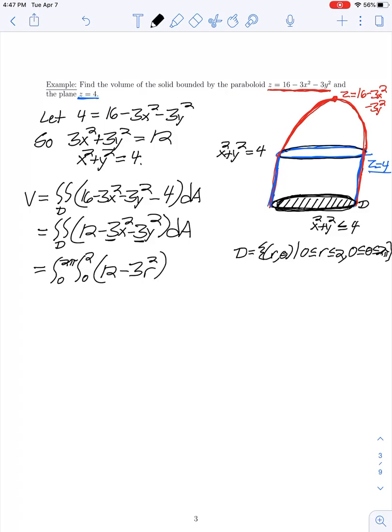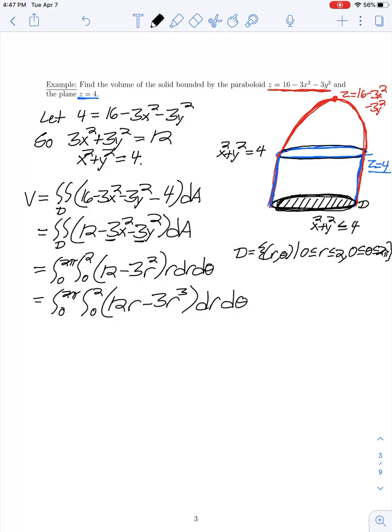And the differential of area, dA, is given by r dr d theta. So here, if we collect some like terms, we have the integral from 0 to 2 pi and 0 to 2 of 12r minus 3r cubed when we distribute our r, times dr d theta.